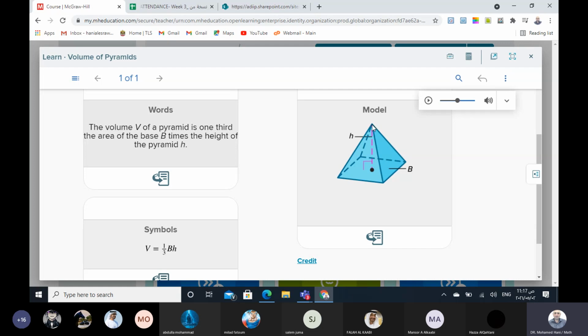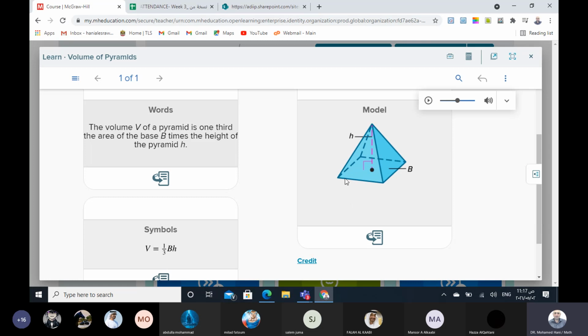The distance between the vertex and the base, the red line here, is the height of the pyramid. So B here means the area of the base, and H means the height of the pyramid.